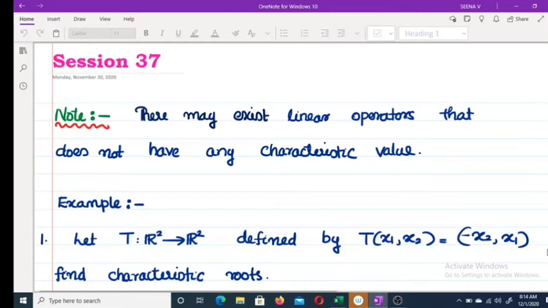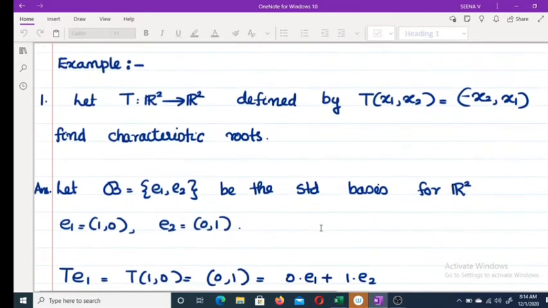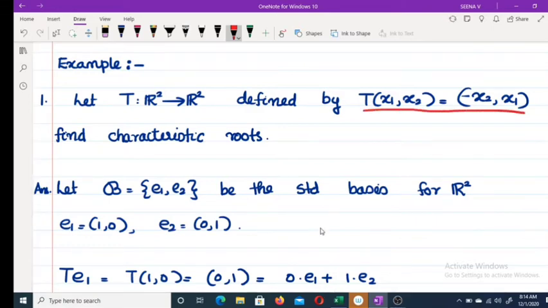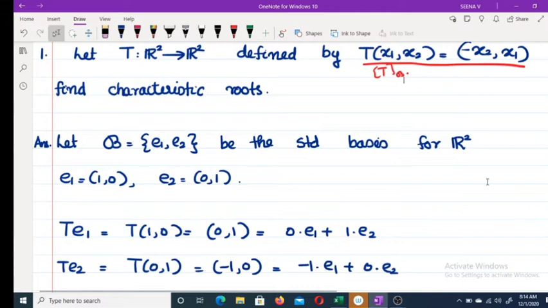Now let T be defined from R2 to R2 by T of (x1, x2) equal to (minus x2, x1). For finding the characteristic root, we have to find the corresponding matrix of T related to the basis. So let B equal to E1, E2 be the standard basis for R2.